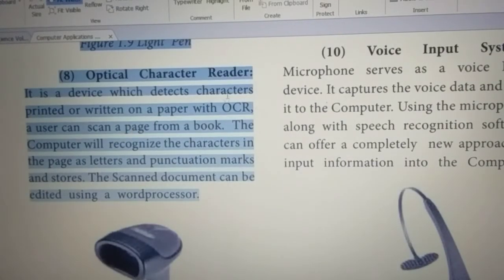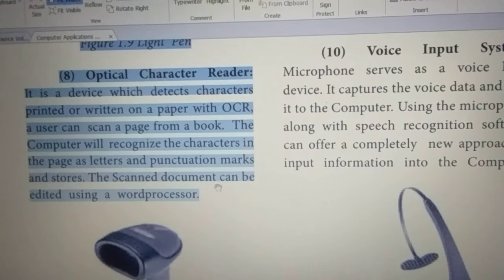Then the optical character reader. It is a device which detects characters printed or written on paper. With OCR, the user can scan a page from a book, and the computer will recognize the characters on the page as letters and punctuation marks and store them.